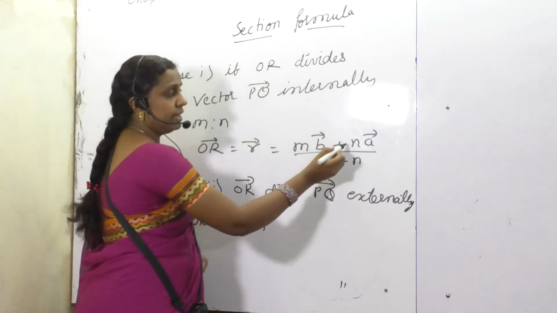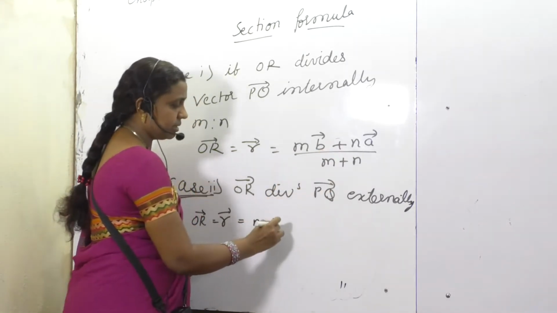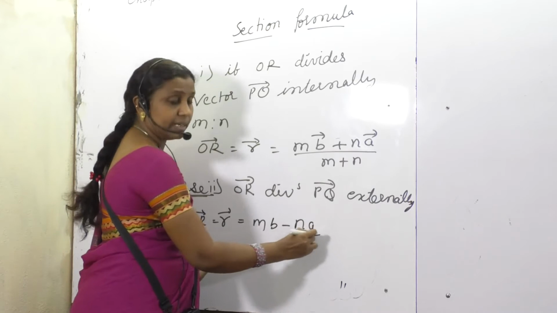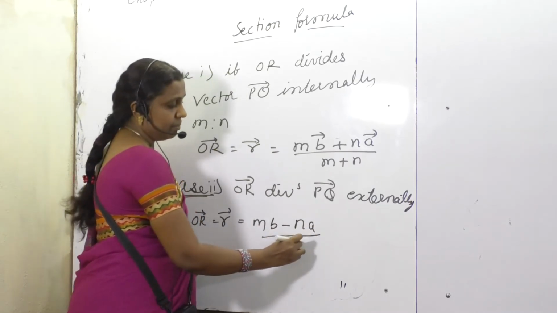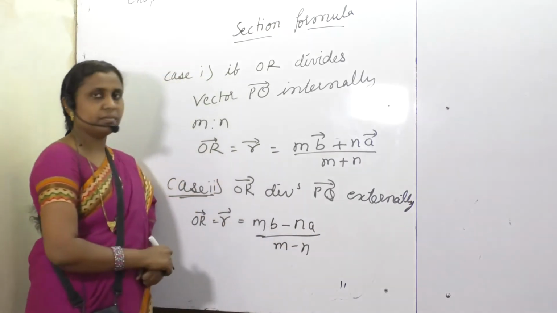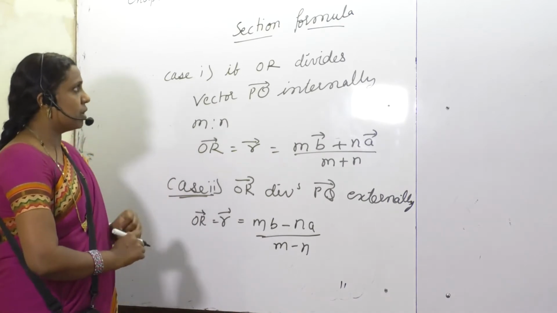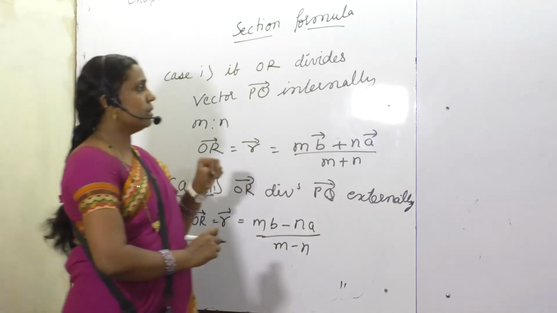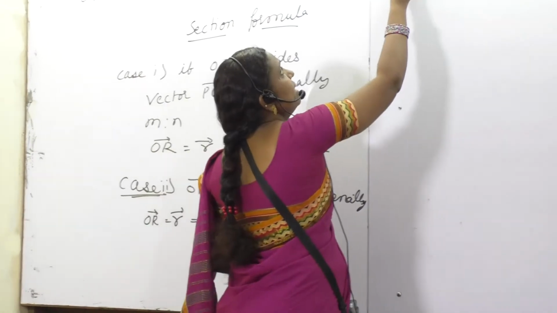Same kind of formula, in between minus sign will be there, that's it. (mb minus na) divided by (m minus n). So using this formula, one more we can be finding.